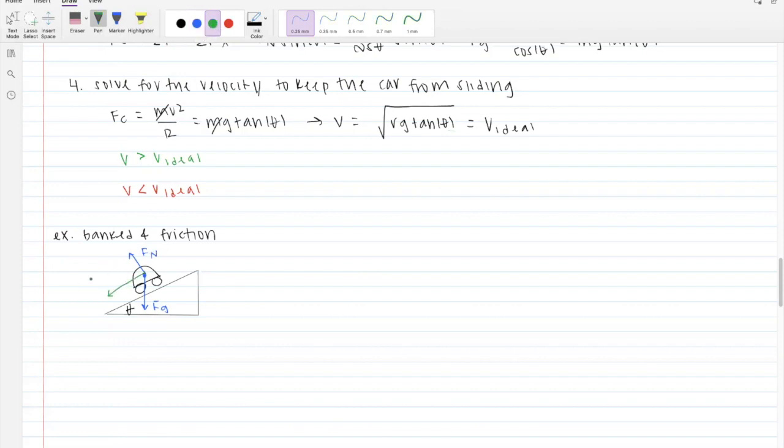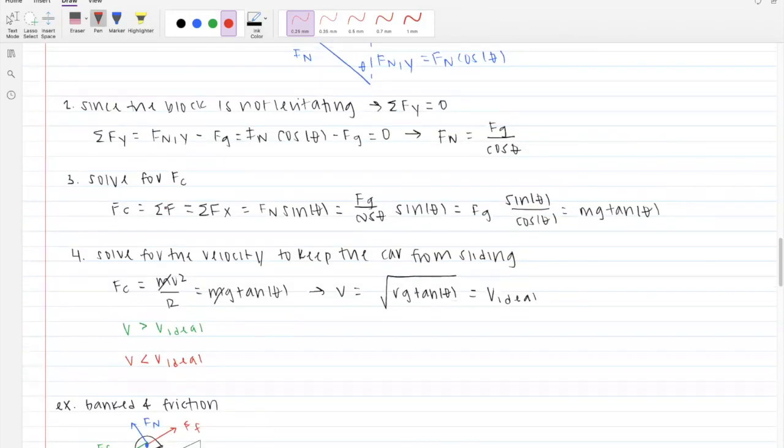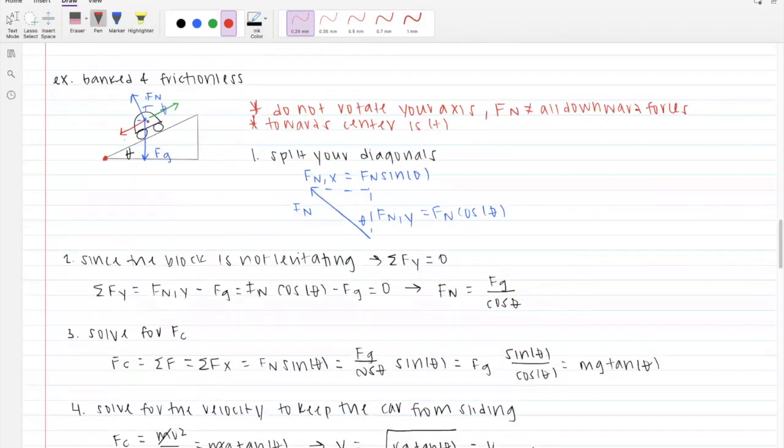Your force of friction can be directed towards the center, or it can be directed away from the center. And it depends on, again, these scenarios. Your car, if you go at too fast of a velocity, is going to want to pull in this direction.